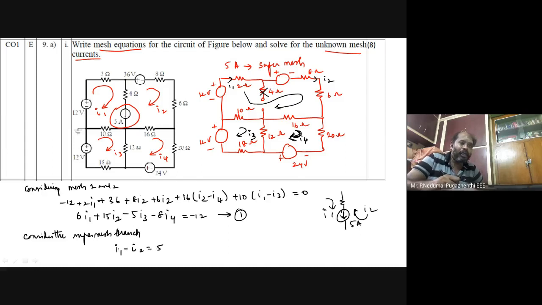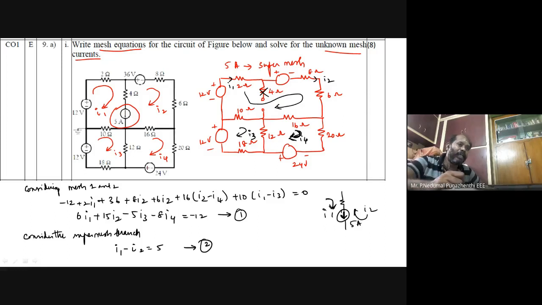Why I1 minus I2? Because the source current direction and I1 are in the same direction, while I2 is in the opposite direction. So I1 minus I2 will be the resultant. I1 minus I2 is equal to 5 is my second equation.